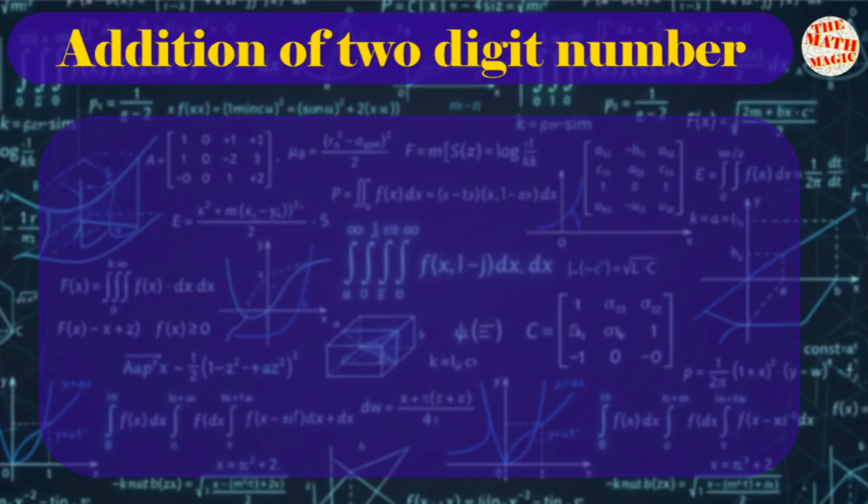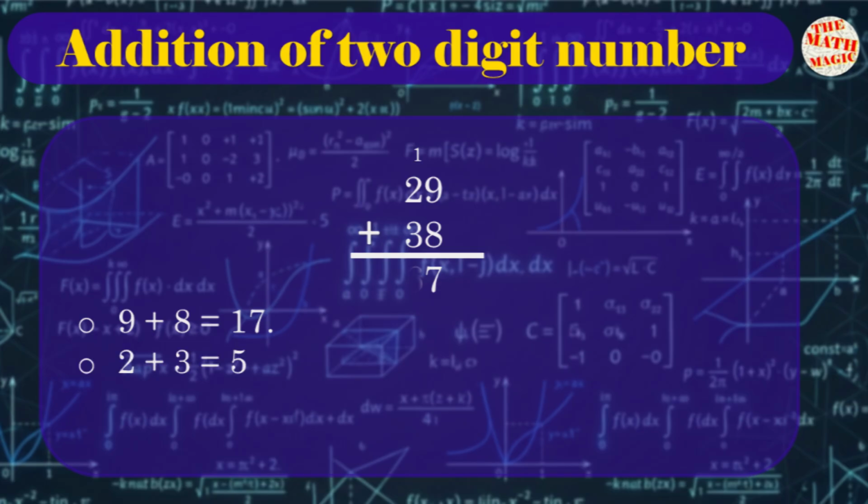Addition of two-digit numbers. For these numbers, we simply add by their respective places. First, we begin with the units place. If the addition of the units place numbers is also a two-digit number, then we write its units digit below as shown, and write its tens digit above as shown. We repeat this for the next positions.